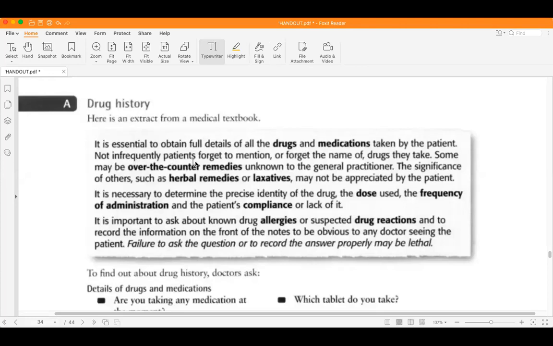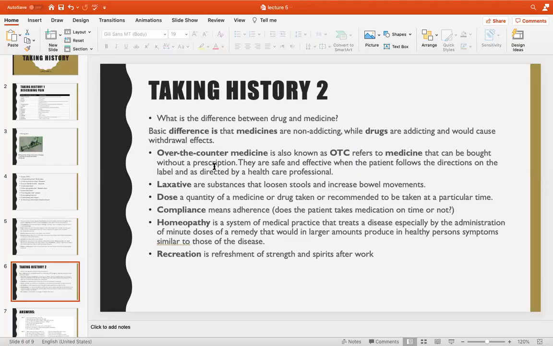Not infrequently, patients forget to mention or forget the name of drugs they take. Some may be over-the-counter remedies. What is the meaning of over-the-counter remedies, which is also known as OTC?